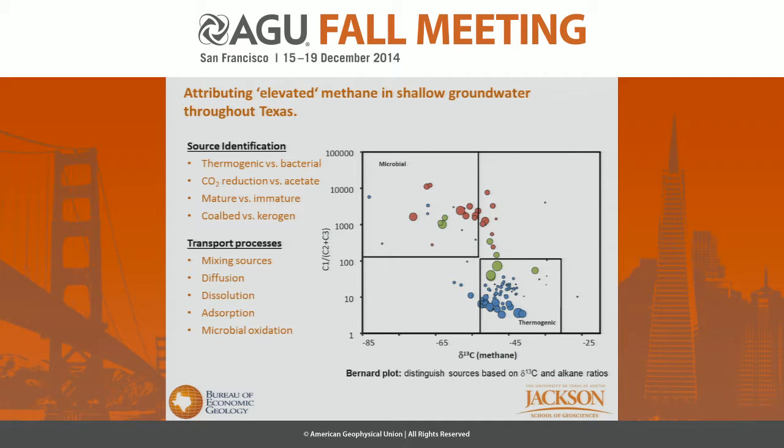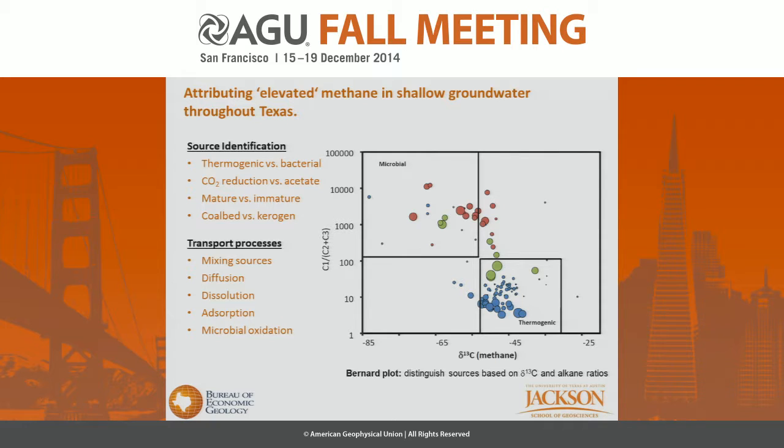Barnard brought this up earlier today. Funny enough, this is the Barnard plot. I don't think you're this Barnard, but this plot looks at the C1 over C2 plus C3 ratio on the y-axis, followed by the delta C13 value of methane on the x-axis. What it can do is separate two general regions. You have thermogenic methane that plots down here, and biologic, or microbial, methane that plots up here.